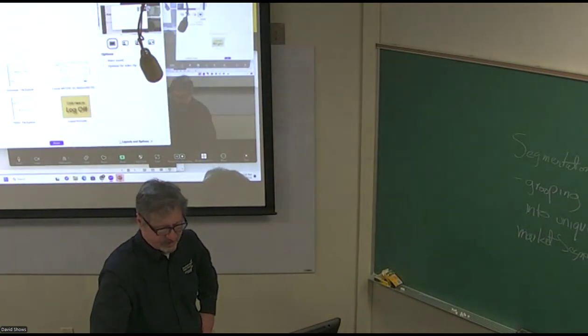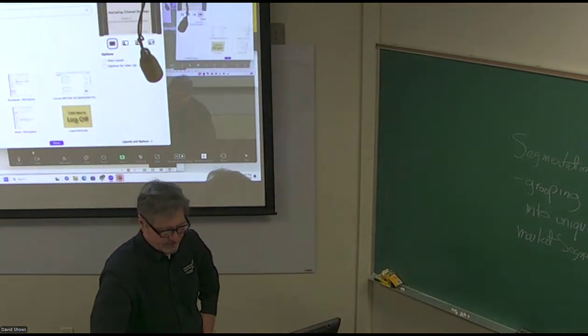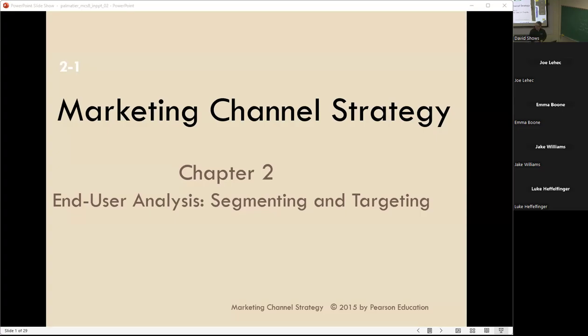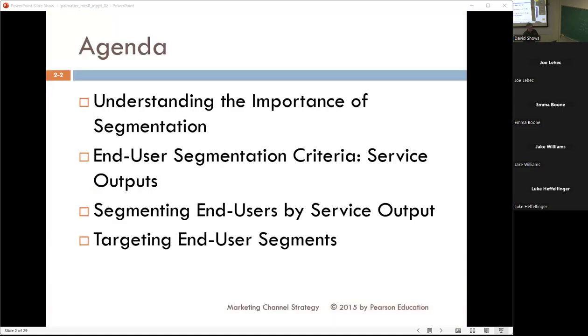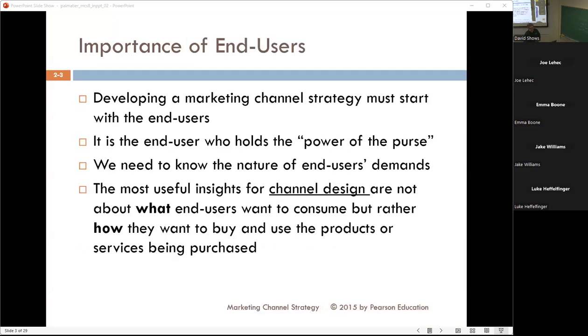End user analysis, segmentation, and targeting. So, as said before, and said again and again, let us once again worship the end user.